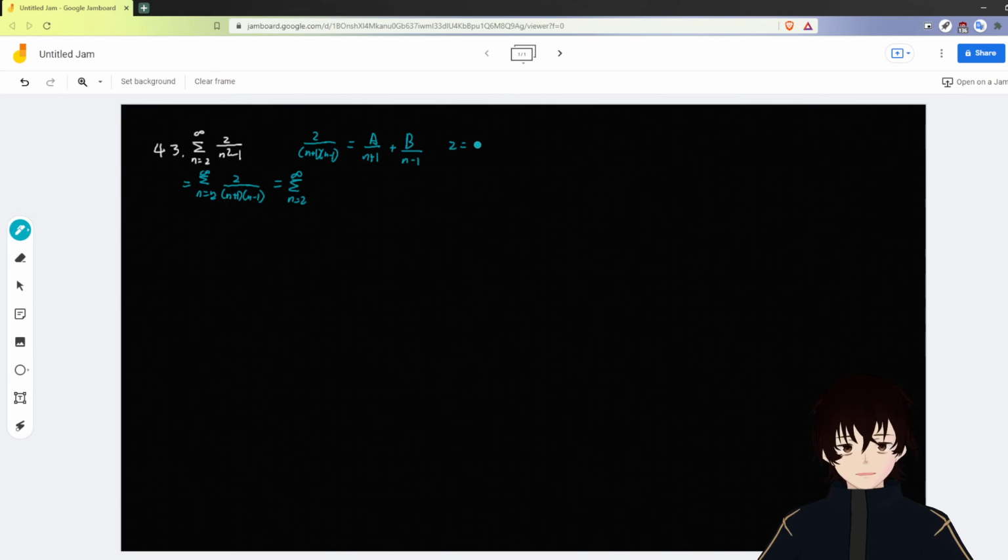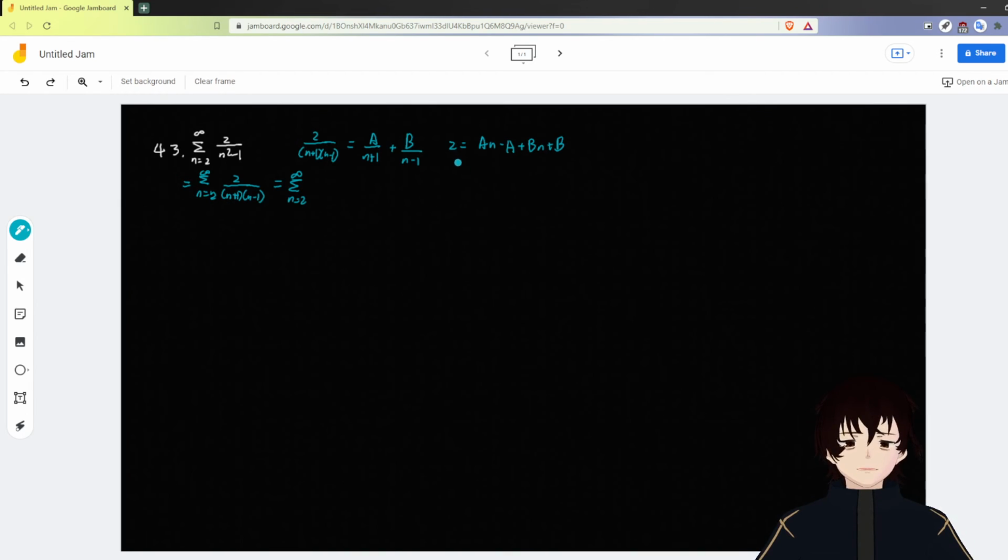Therefore 2 is equal to an minus a plus bn plus b. Let's say a is equal to negative 2.